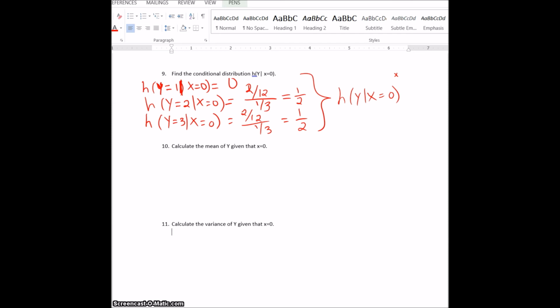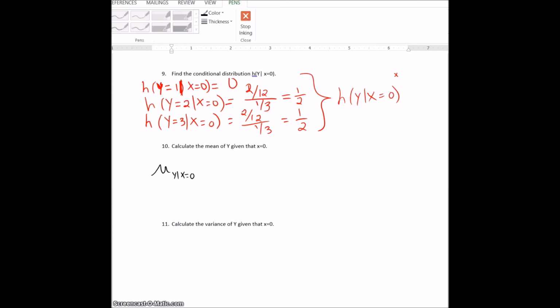So to find the conditional mean of y given that x is equal to 0, we use the notation mu of y given x equals 0. We are going to add up over all of the possible values of y times the conditional probability that the random variable y takes on that value, given that x equals 0.